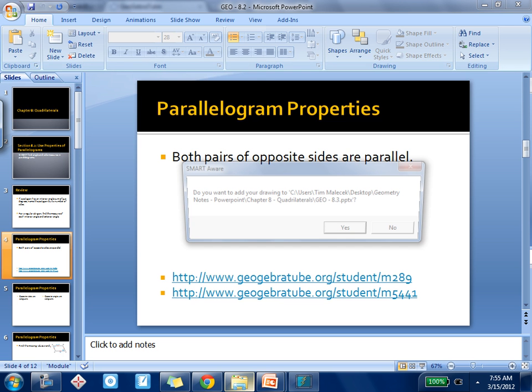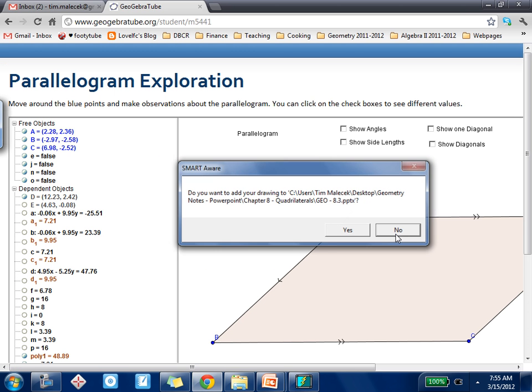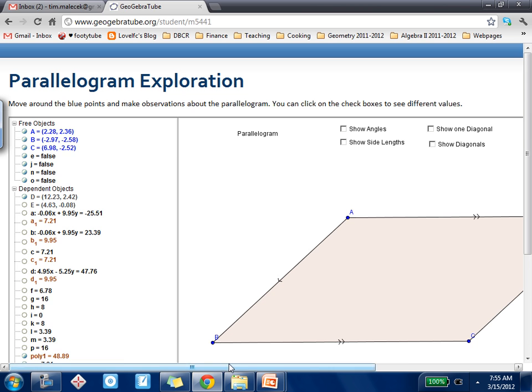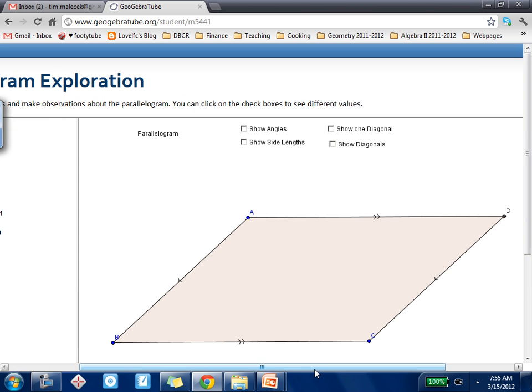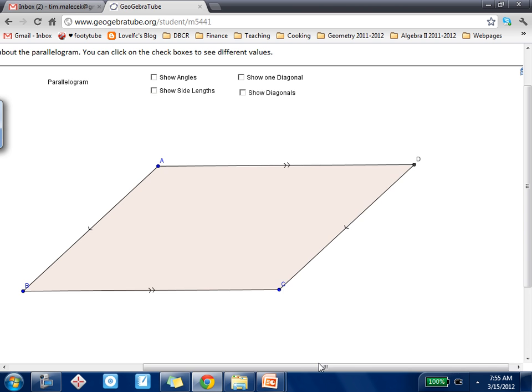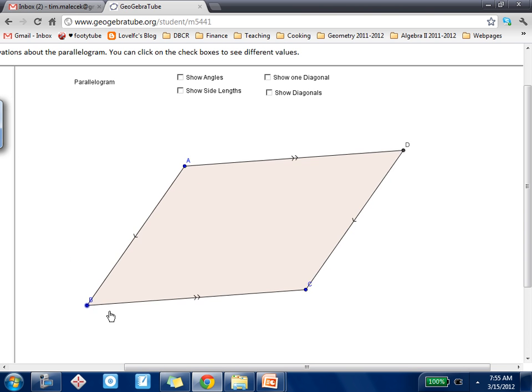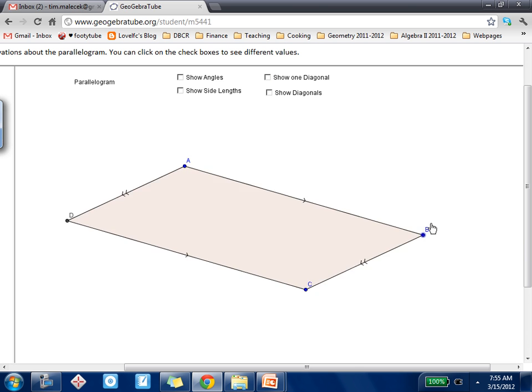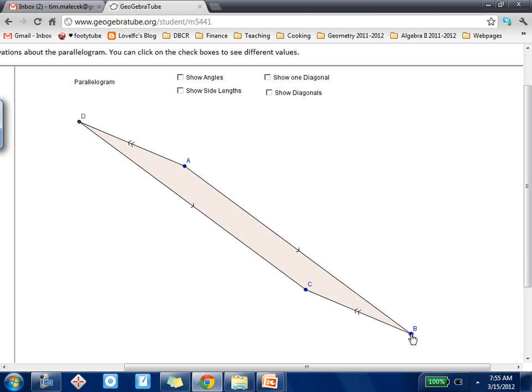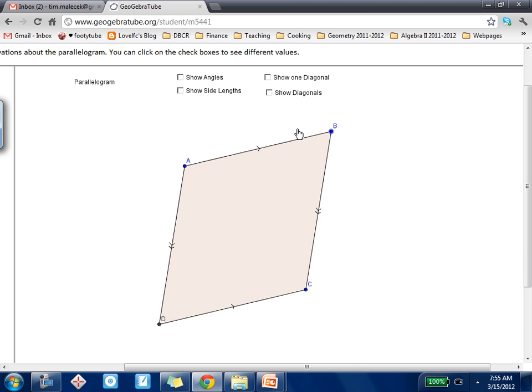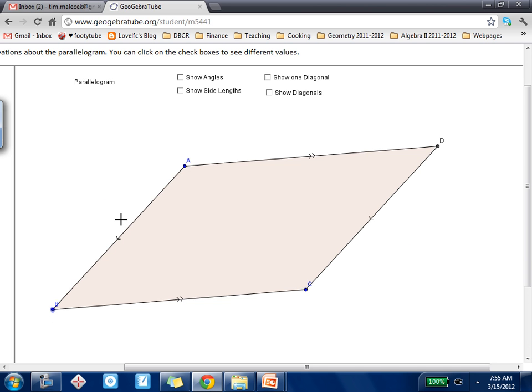Let's take a look at this applet and see if we can discover anything else. So here's my applet for a parallelogram. You notice that I can move the parallelogram around. So if I move it, notice how it still maintains the parallel sides. Everybody see how the AB side is parallel to the CD side?